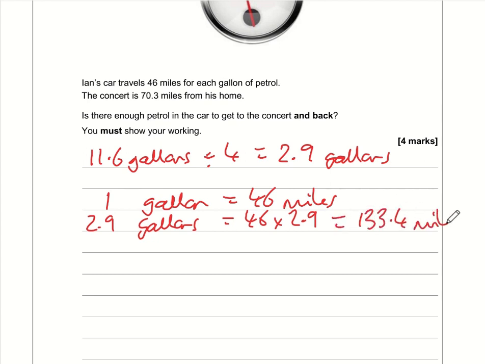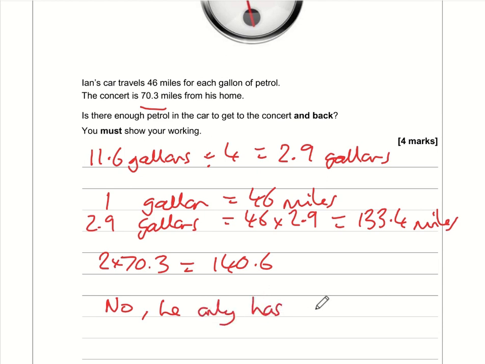133.4 miles. Now, Ian needs to go to the concert and back, so 2 times 70.3, that is 140.6. So does he have enough petrol? So the answer is no. He only has enough petrol for 133.4 miles, and he needs to travel 140.6 miles.